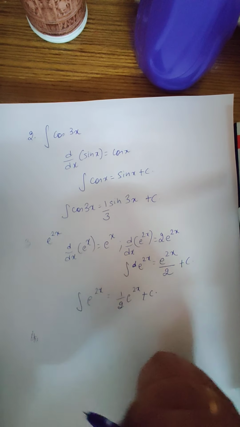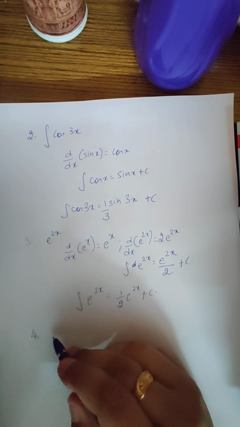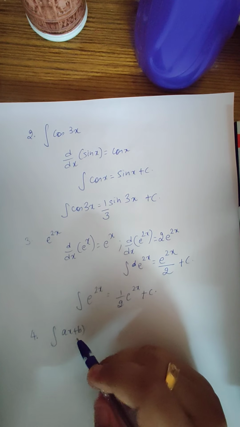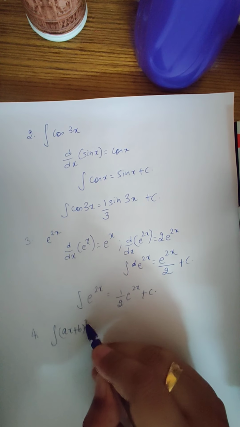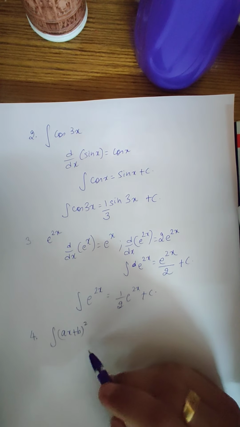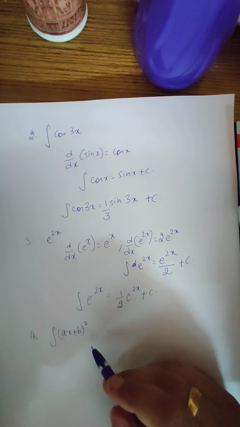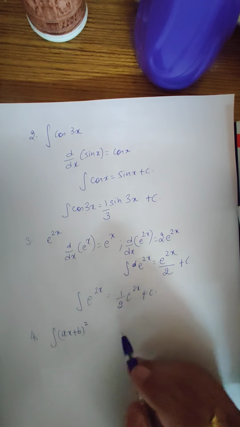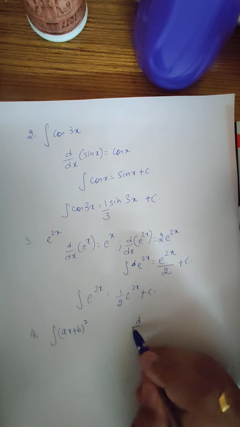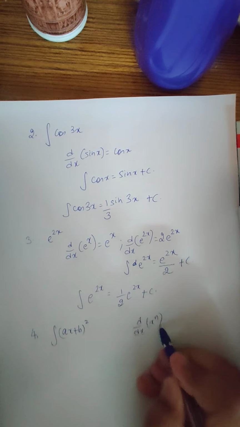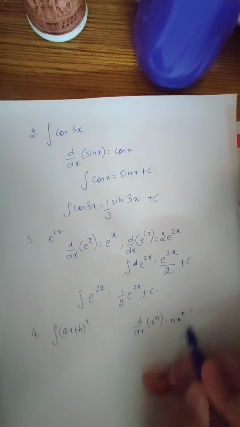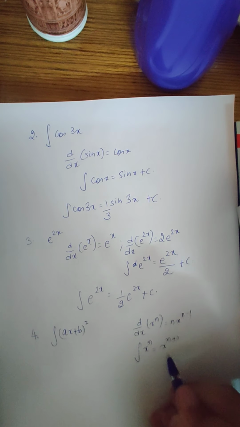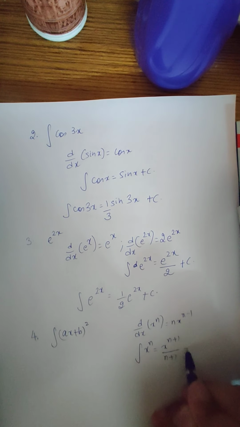Next problem: find the integration of (ax plus b) the whole square. You can either expand this or proceed in a simple manner. We have d by dx of x power n is n x power n minus 1, so the integration of x power n will be x power n plus 1 by n plus 1 plus c.